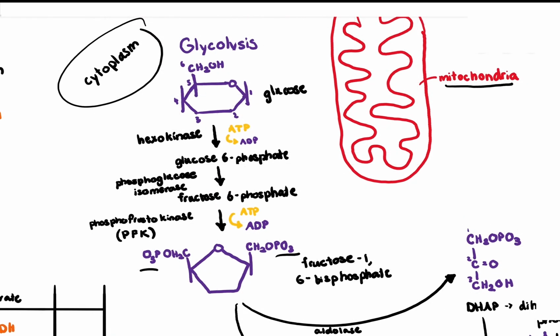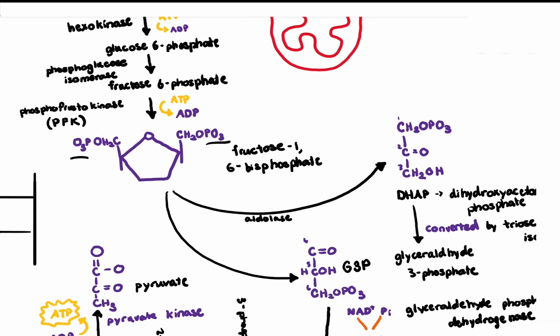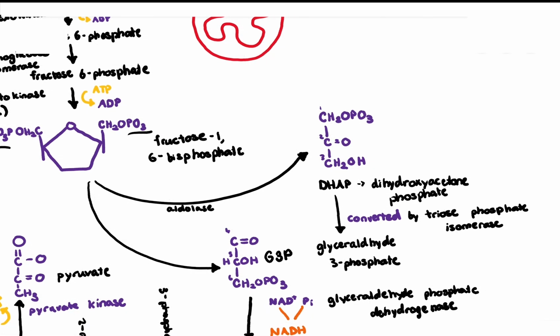So here we've labeled them, and here we've also labeled them. So you can see that your glucose is actually broken up into two 3-carbon molecules. So what happens now? Well, your DHAP is converted by this enzyme into G3P. So as a result, you have two G3P molecules.